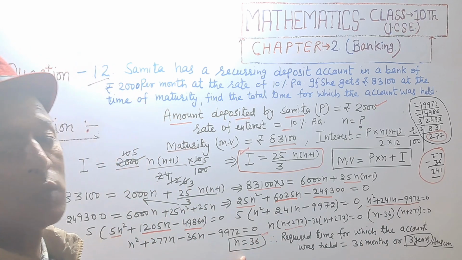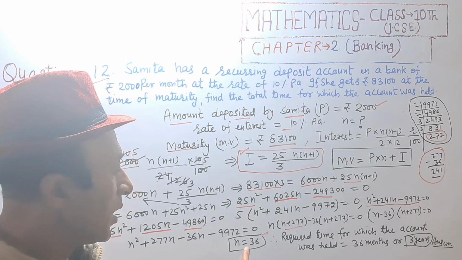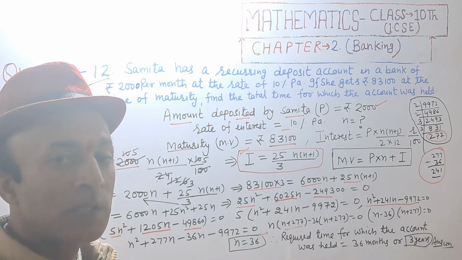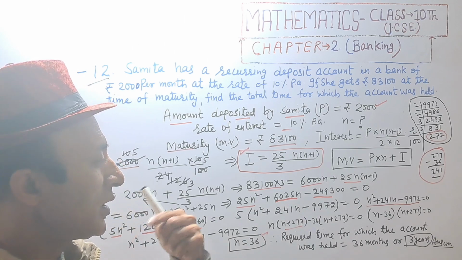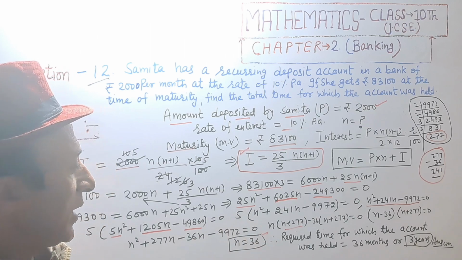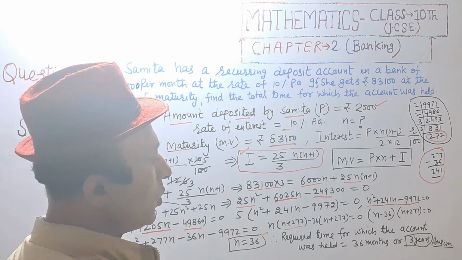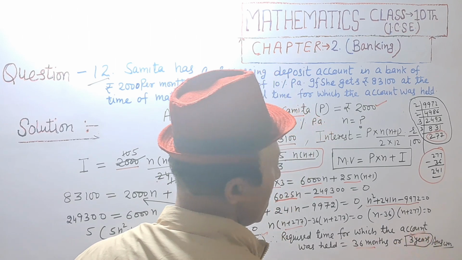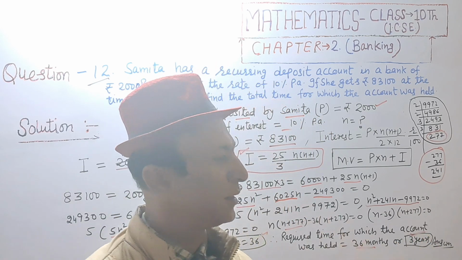This implies n is equal to positive 36, n is equal to 36 months, and 36 months is equal to 3 years, 12 plus 12 plus 12. So the required time is equal to 36 months or 3 years. Answer. Thank you.